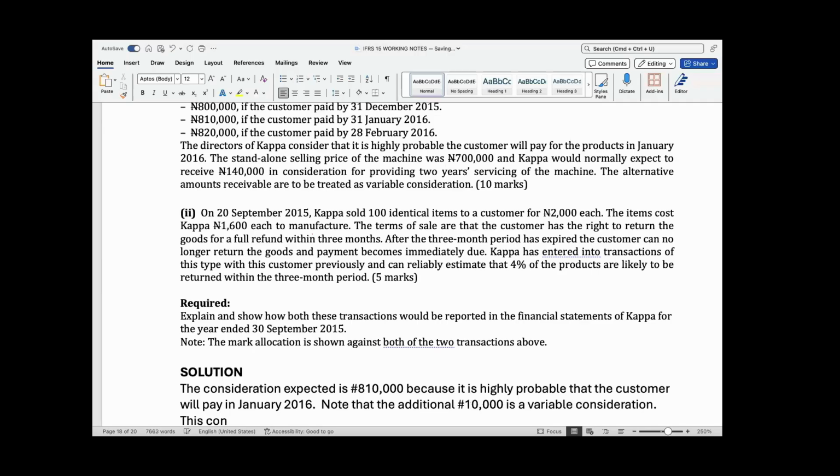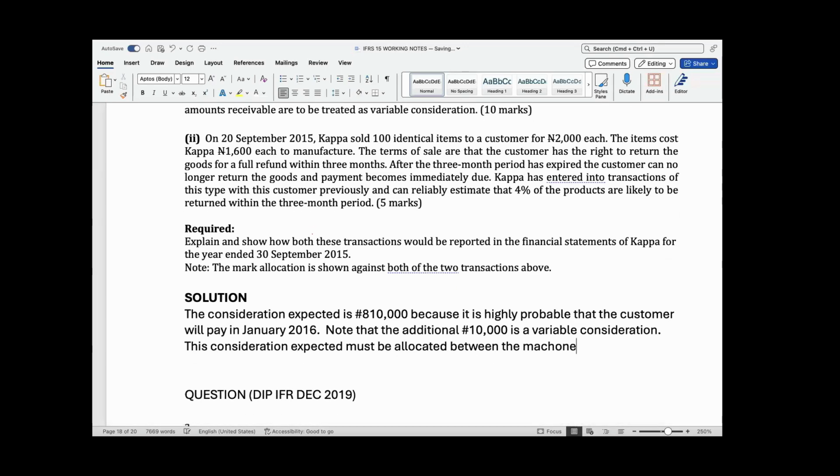Now, this consideration expected must be allocated between the machine and the provision of, is it maintenance or what?